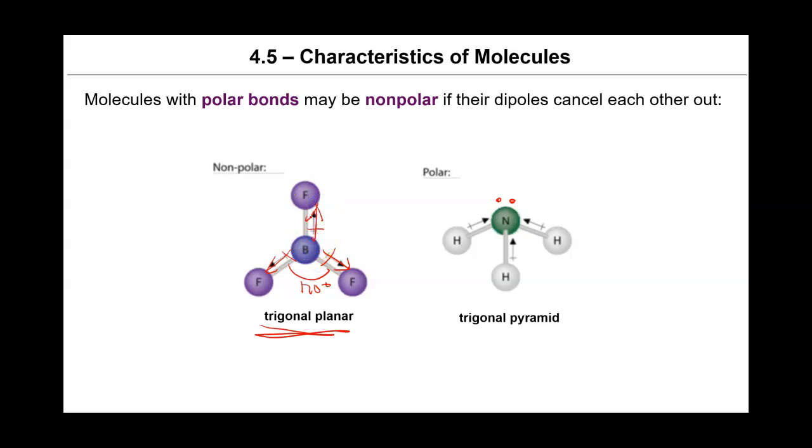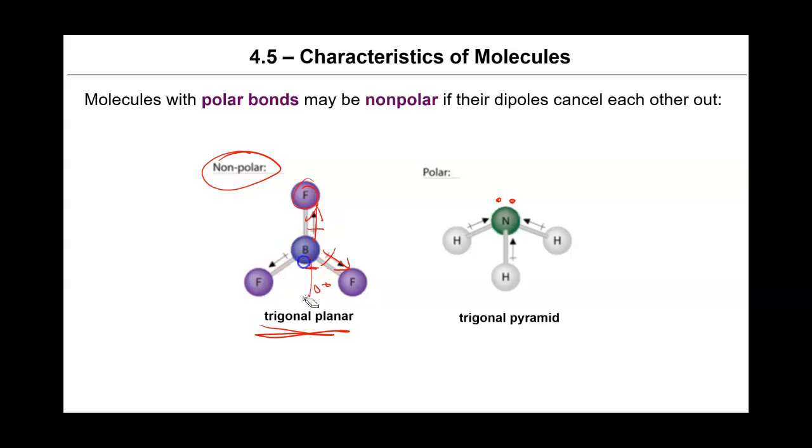So this molecule is nonpolar because we have electrons being pulled to the left and down. We have electrons being pulled to the right and down. So that means that the left and right bits cancel out, and we just have a net pull downwards. Now that is countered though, because the fluorine at the top here is pulling upwards. So overall, all of the bond dipoles cancel.